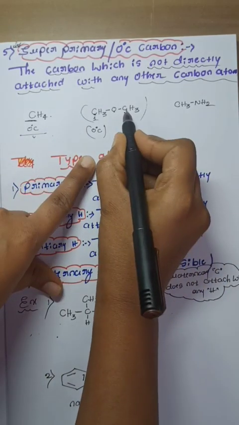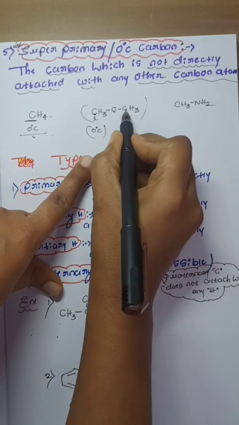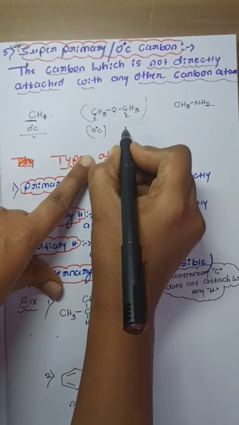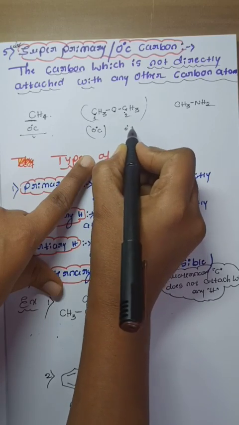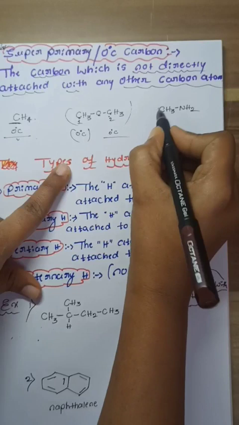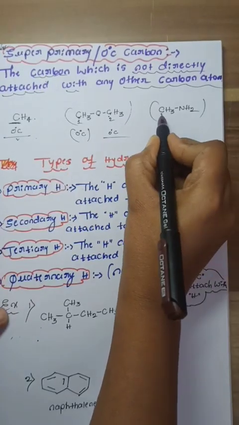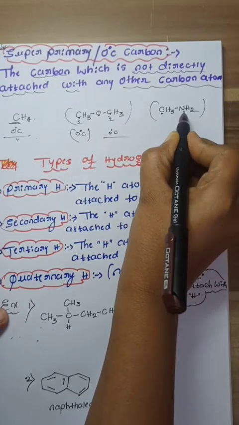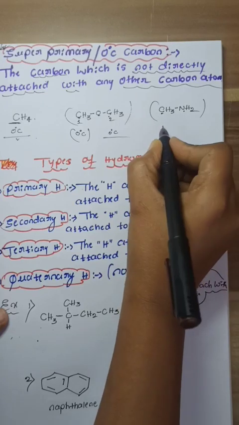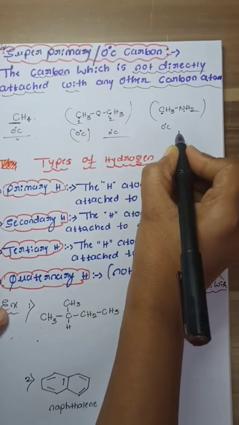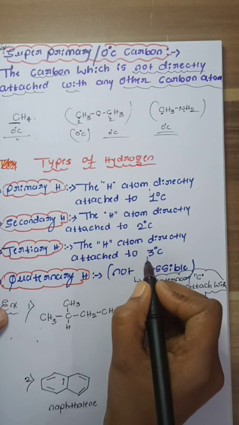This one is also directly attached with oxygen, not a carbon, so this is also a super primary carbon atom. Now in this example, see, this carbon atom is directly attached with nitrogen, not a carbon, so this carbon we call 0 degree or super primary carbon atom.